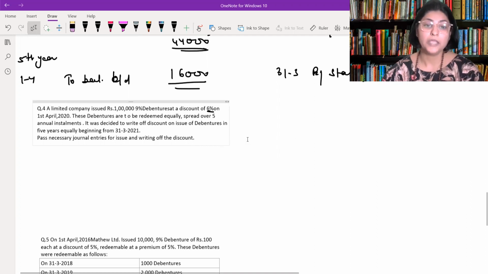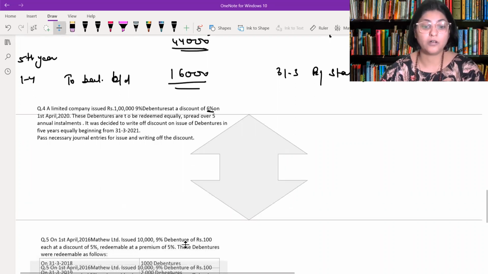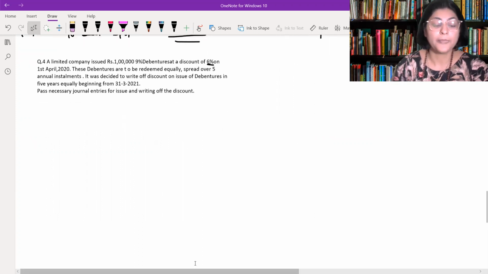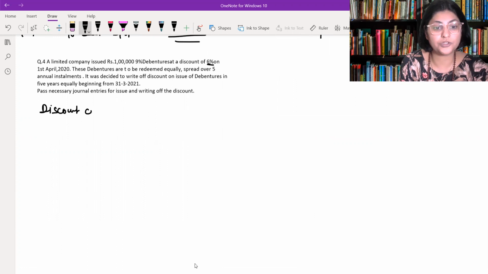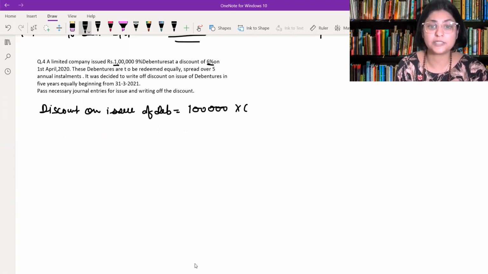So first of all, our requirement is going to be to find out what will be the amount of discount on issue of debenture to be written off each year, and then accordingly entries will be passed. So first of all, we will find out the discount on issue of debenture. It is going to be the face value of debenture. Remember, this is not the number of debentures, this is the face value of debenture, 1 lakh into 6%.